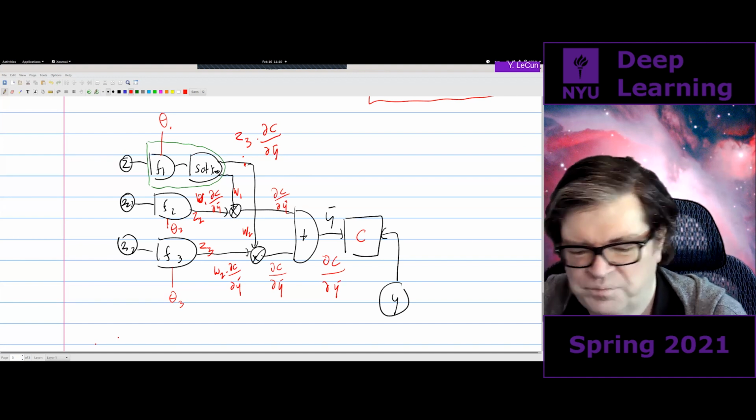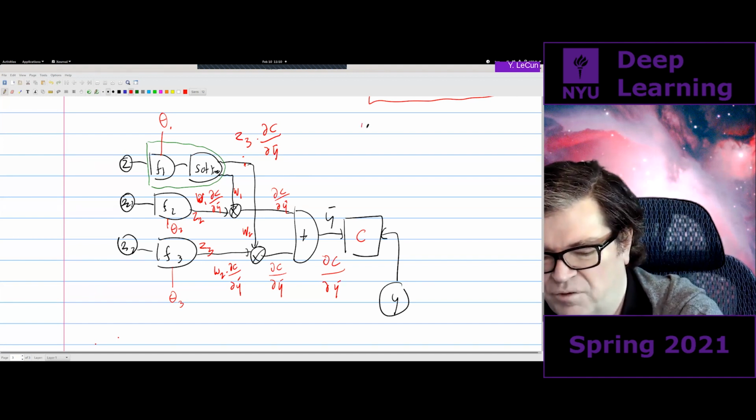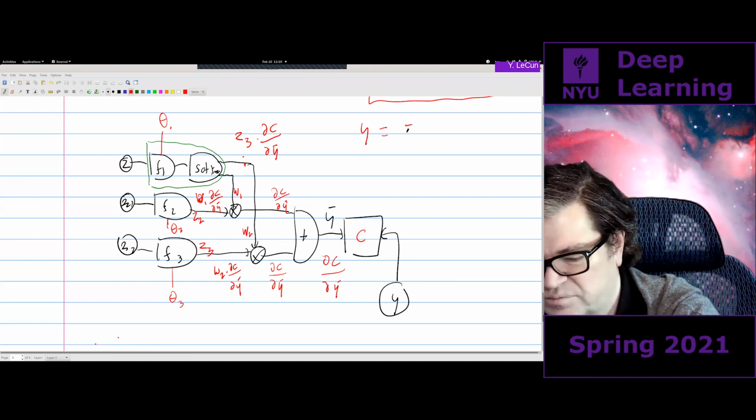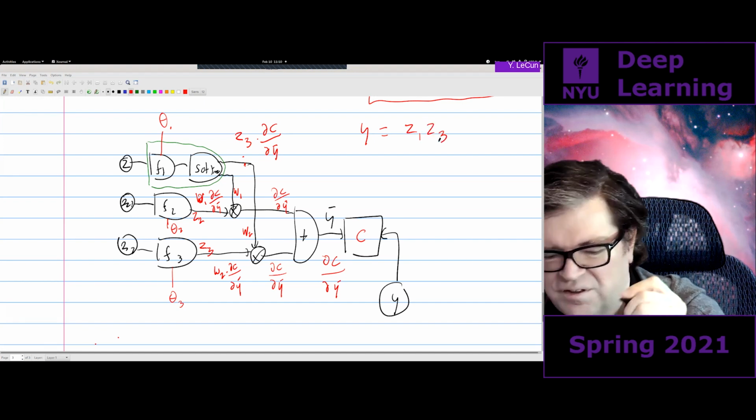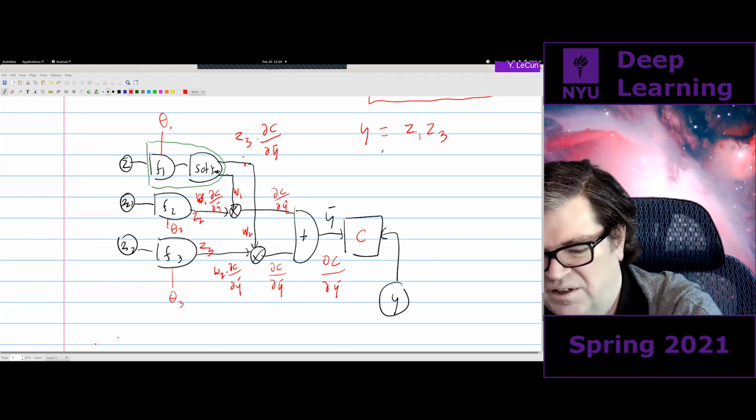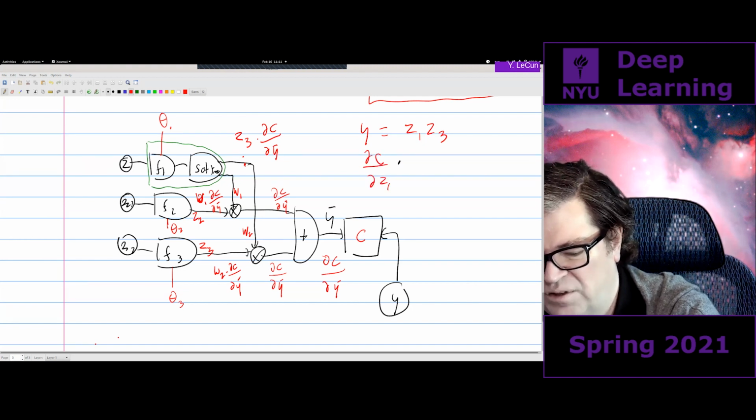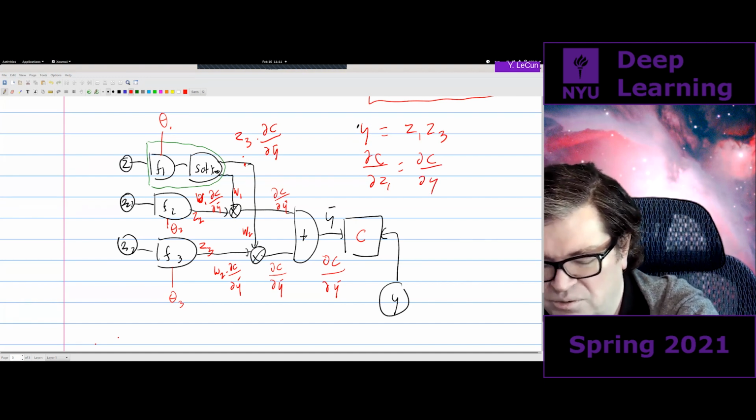When I have a variable equal to the product of, in this case, Z1 and Z3, dc over dz1 is equal to dc over dy, which I shouldn't call y.